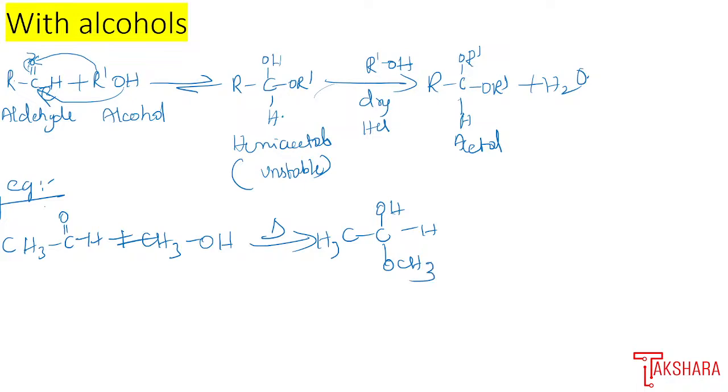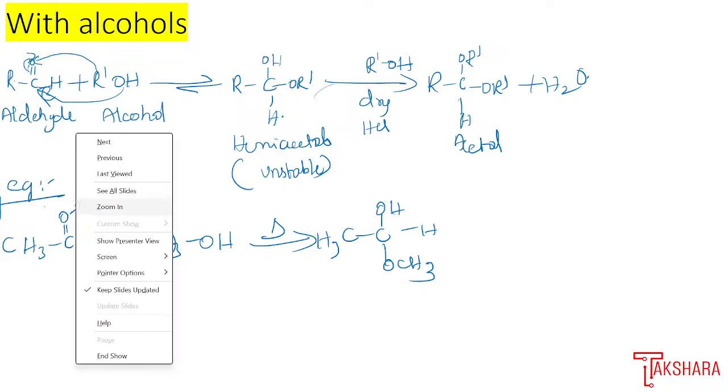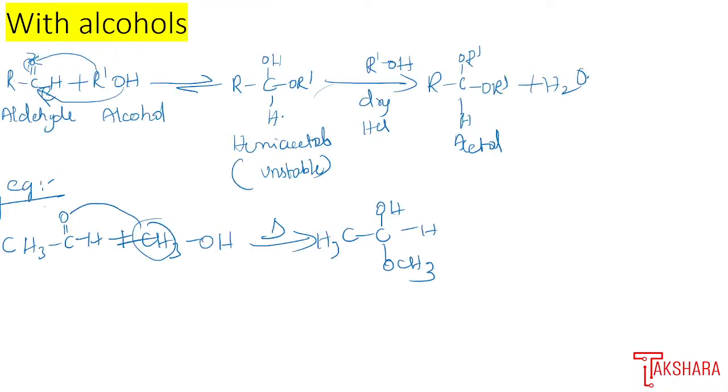When this group shifts, the CH3 group combines with oxygen. Then the remaining OH group is going to combine with the carbon atom. So we will get the product like this, which is in the form of hemiacetal.